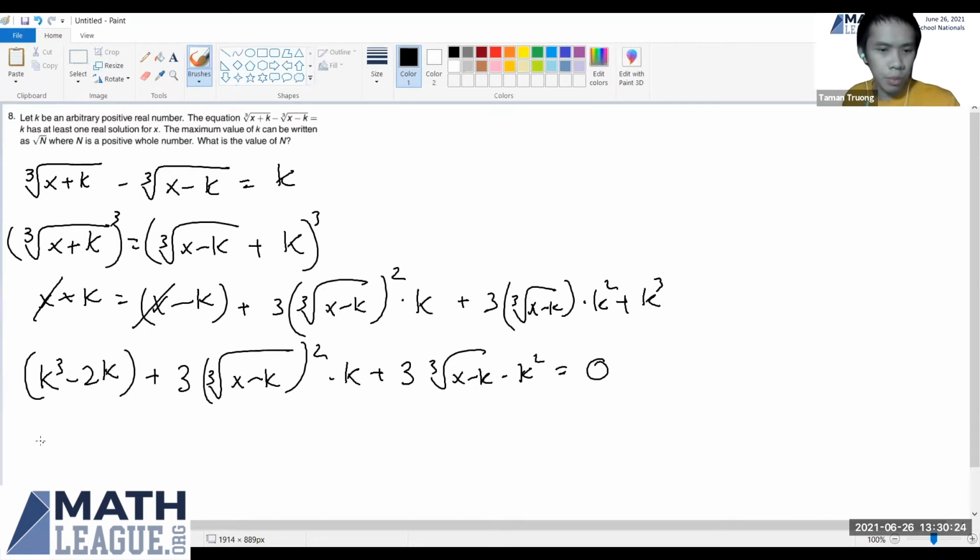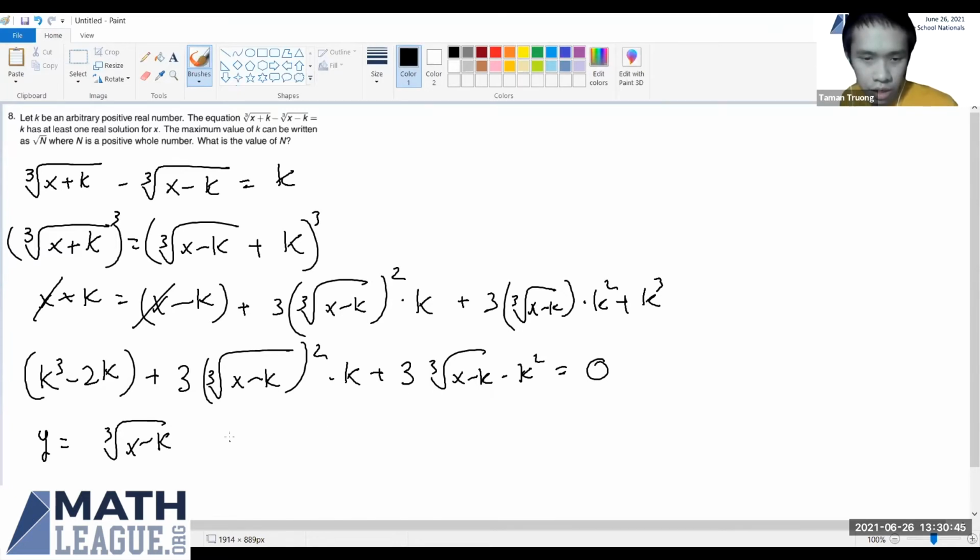Let's let the variable y be the cube root of x minus k, so it's easier to work with, and so we can see a basically quadratic equation in y. We rewrite it from decreasing degrees.